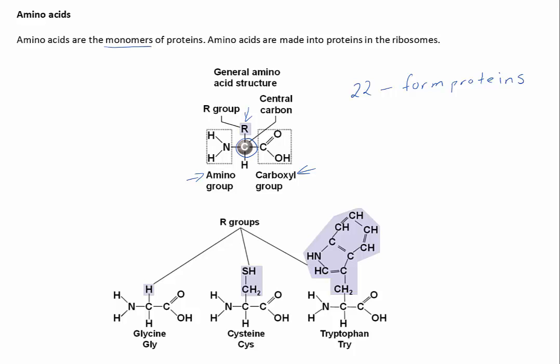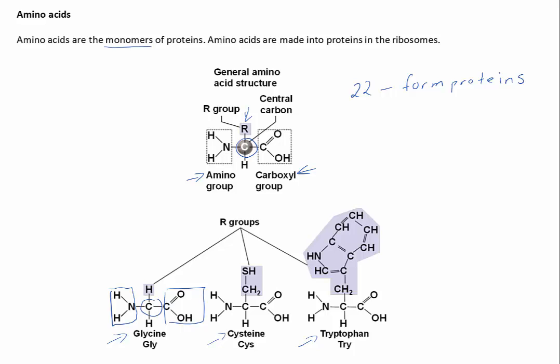So if you look down here at these three different amino acids, glycine, cysteine, and tryptophan, they all have that same basic structure. They have an amino group, they have a carboxyl group, both of which are bonded to a central carbon.